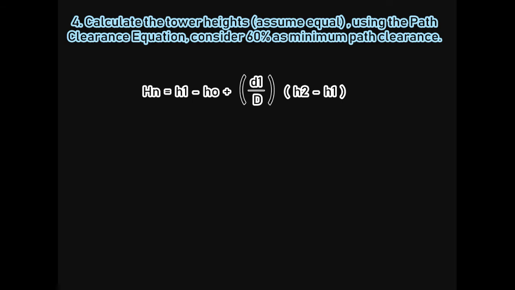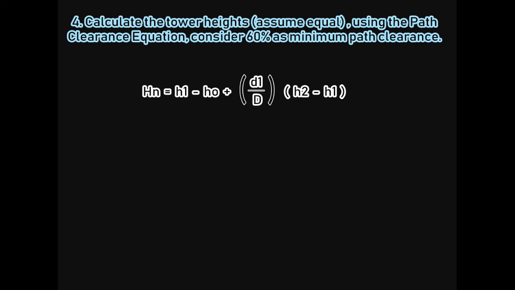In getting the tower heights, we'll be using this formula. First Fresnel zone is equal to height 1 minus total obstruction plus distance 1 over the total distance times height 2 minus height 1. We'll consider the 60% as the minimum path clearance.